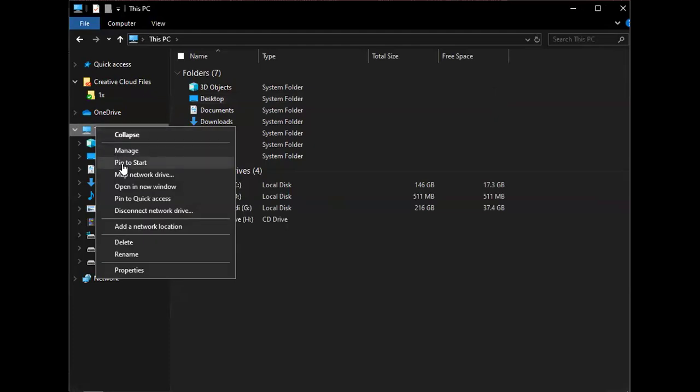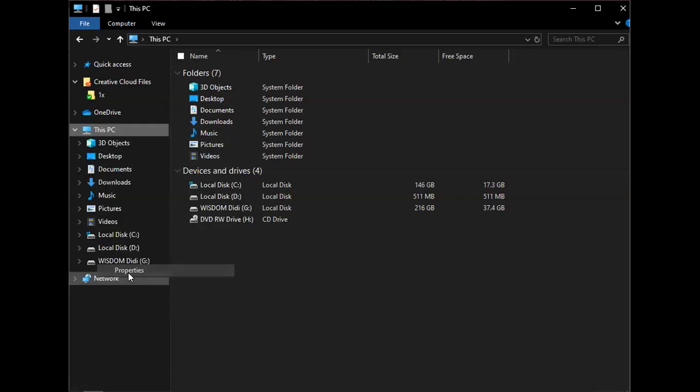If you are using an old version, you'll see My Computer in place of This PC. Right-click and go to the last option, where you see properties. Then click there.